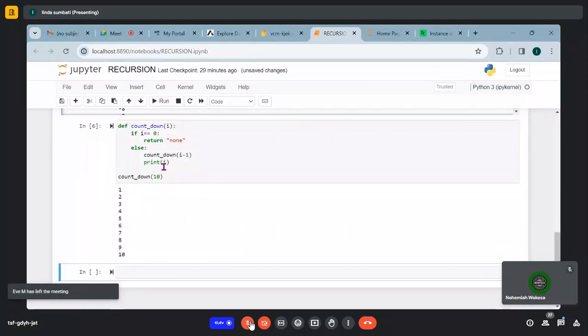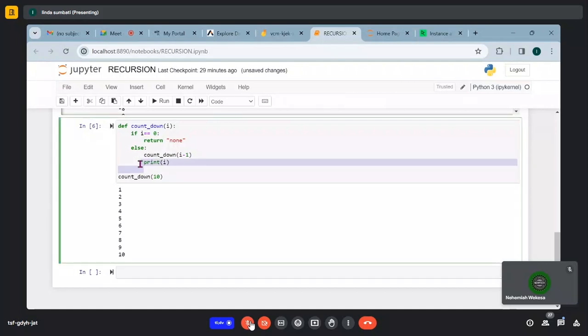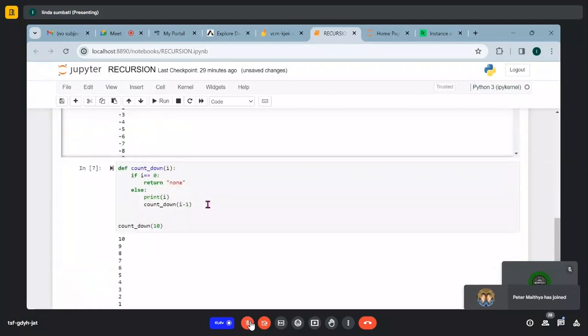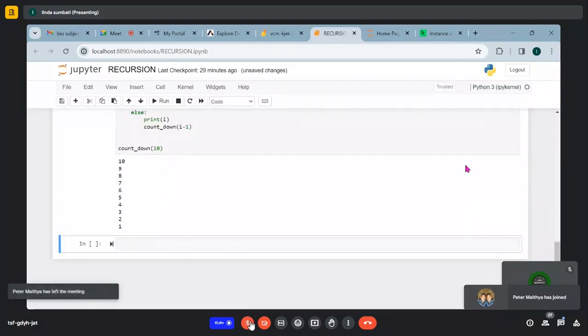Yeah, so this is how it works. It will go from 10 down to 1. So when it reaches i equals 0, it stops, right? But there is something I've noticed. If you put the print before the else, you see it counts from 10 because it's counting down.